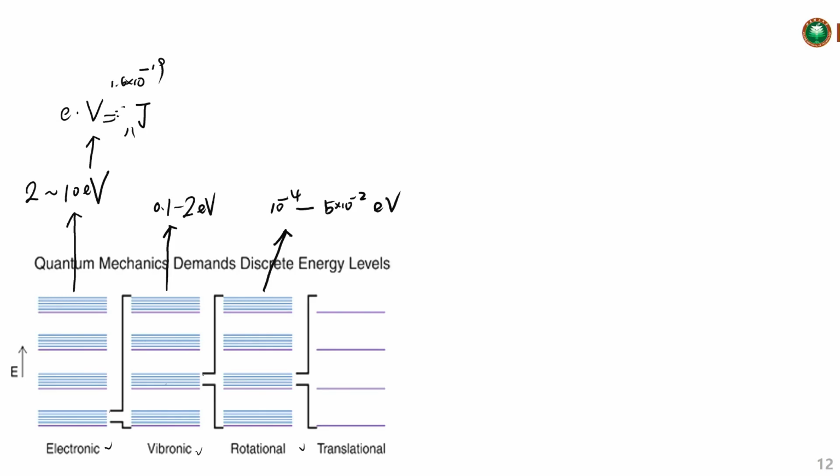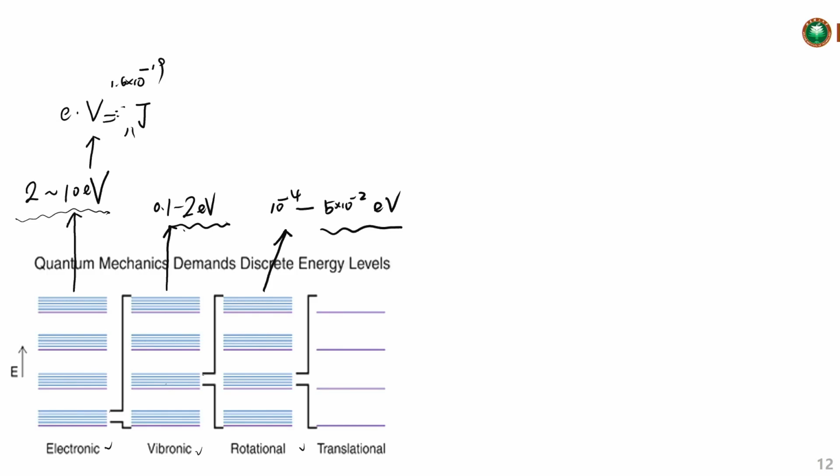So when the atoms or the electrons transit from one energy level to another, they need to absorb radiation in this range. And for transitions between two vibrational levels, it needs energy in this range, and for the rotational energy levels, it is something like this one.